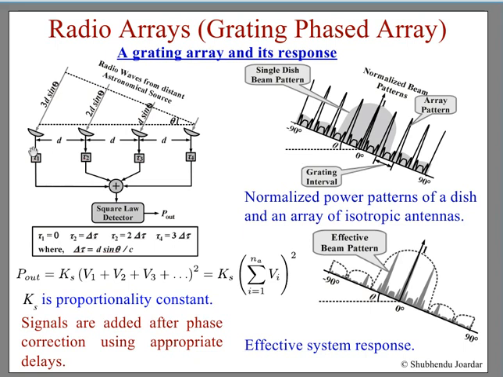So here you can see a grating array formed by antennas having a pattern like this. This is the pattern of each individual antenna. And then the array factor looks like this. When you multiply them, what you get is this. This will be the response of this system.